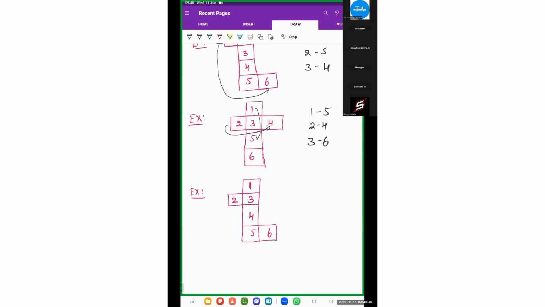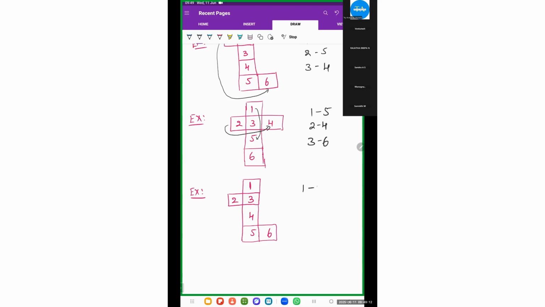1 and 6 extension would give 7, but 1 and 6 is not an extension here. 2 and 6 is the extension, but together the sum is more than 7, right? So this is the second model. Now you tell me, one opposite is 4.